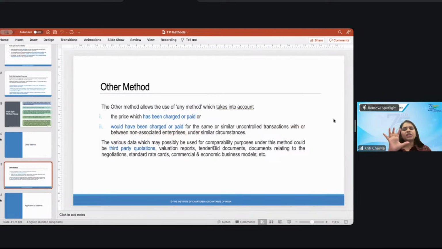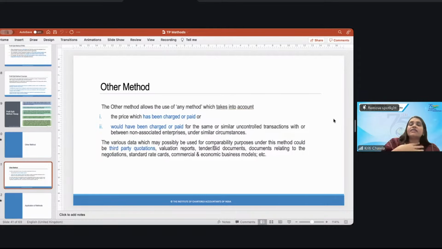So what this method is really trying to say is, can you find independent parties in comparable situations? If I say what is the price that they have charged, this is more looking like CUP. But where this method differs is that it says, what is the price that they would have charged if they would have entered into that kind of transaction.